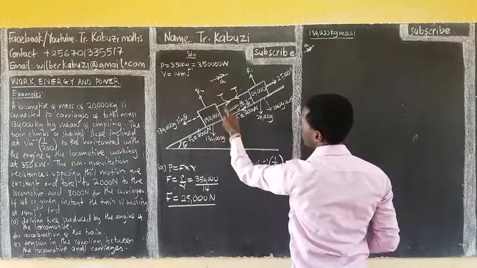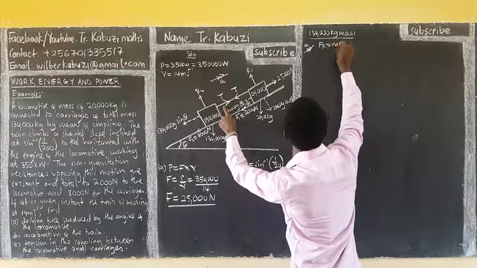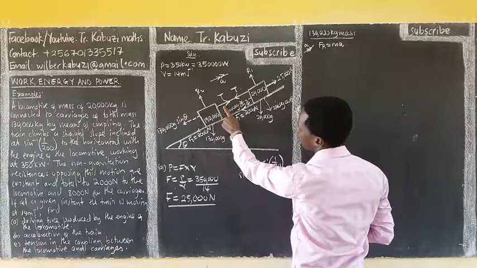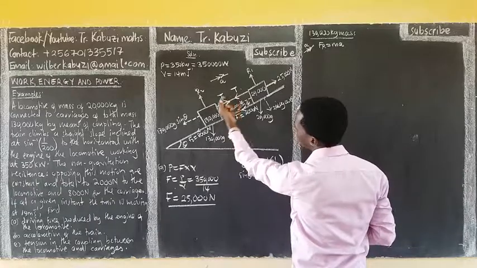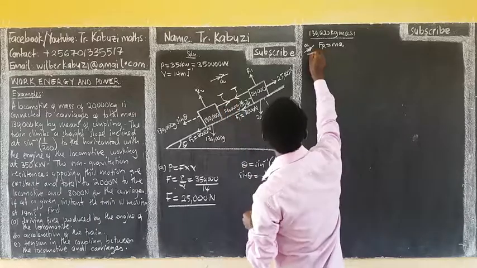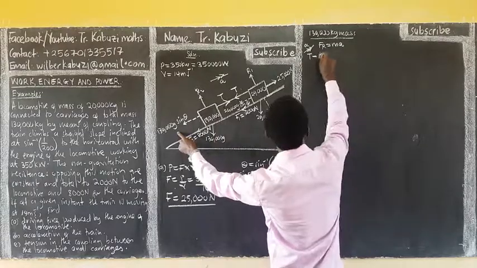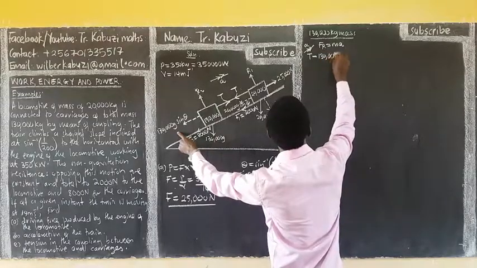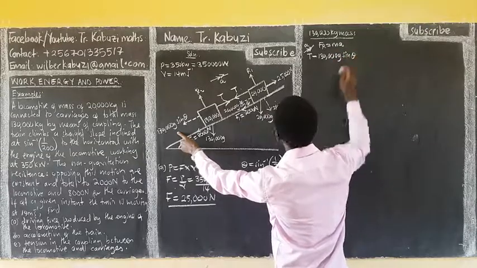Remember, our resultant force is equal to m times the acceleration. So we have T pulling it up, then minus, we have this opposing 130,000 g sine theta.